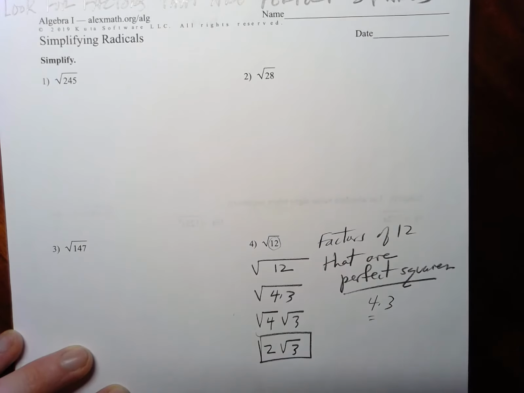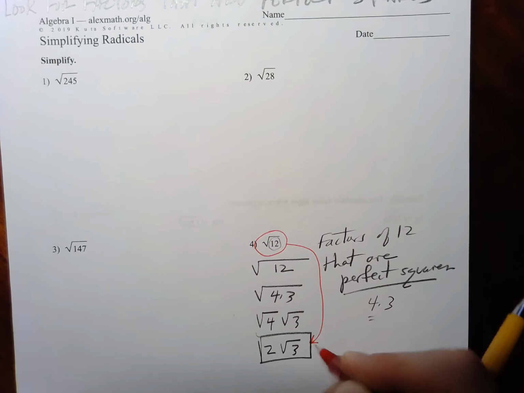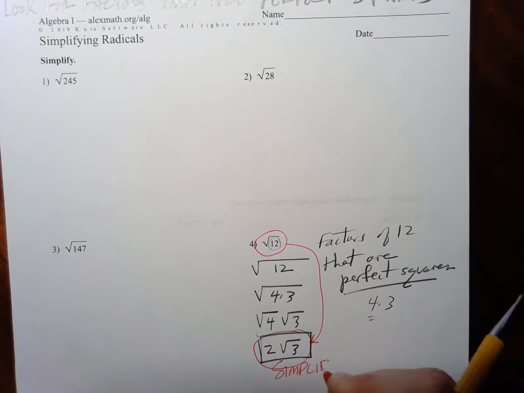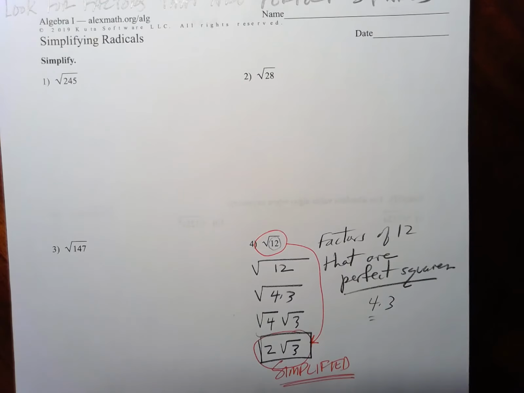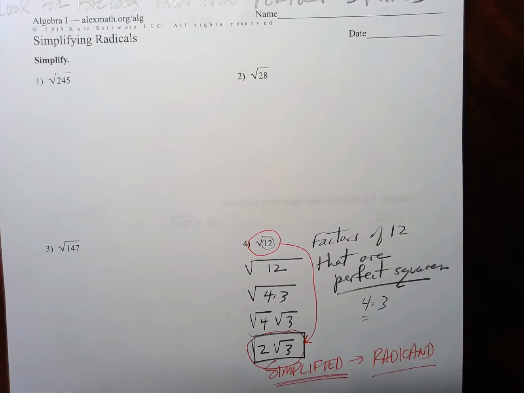So the square root of 12, this number is the same as this number, and this is simplified because there are no perfect squares left in the radicand, and that's what we're trying to really get at here, is the simplified radicand. We want to have as little under the radical as possible.